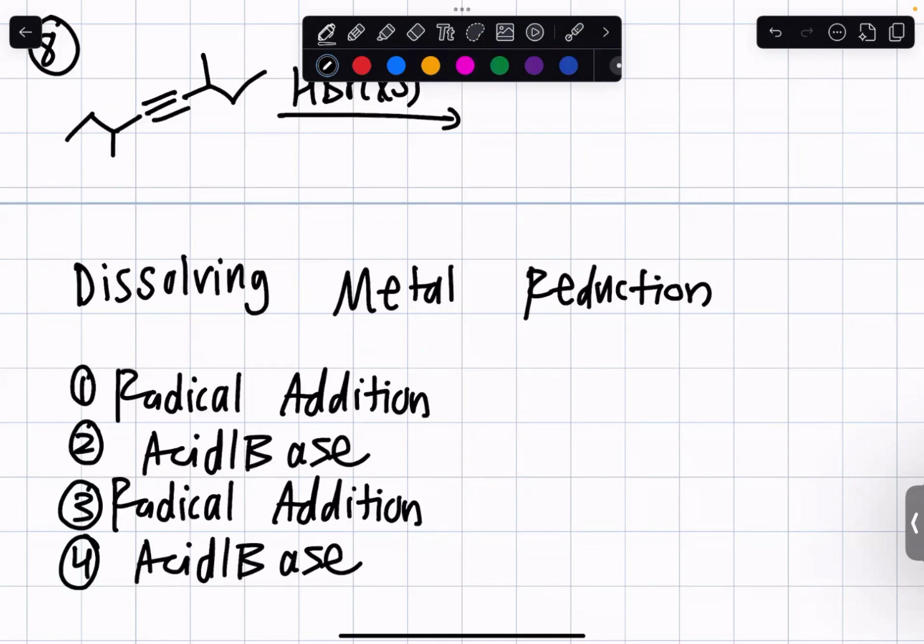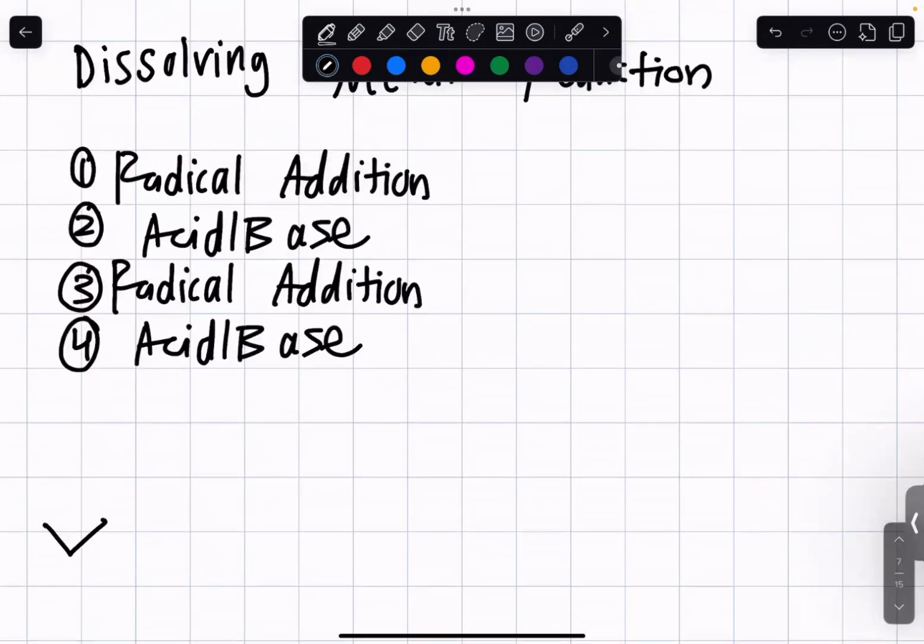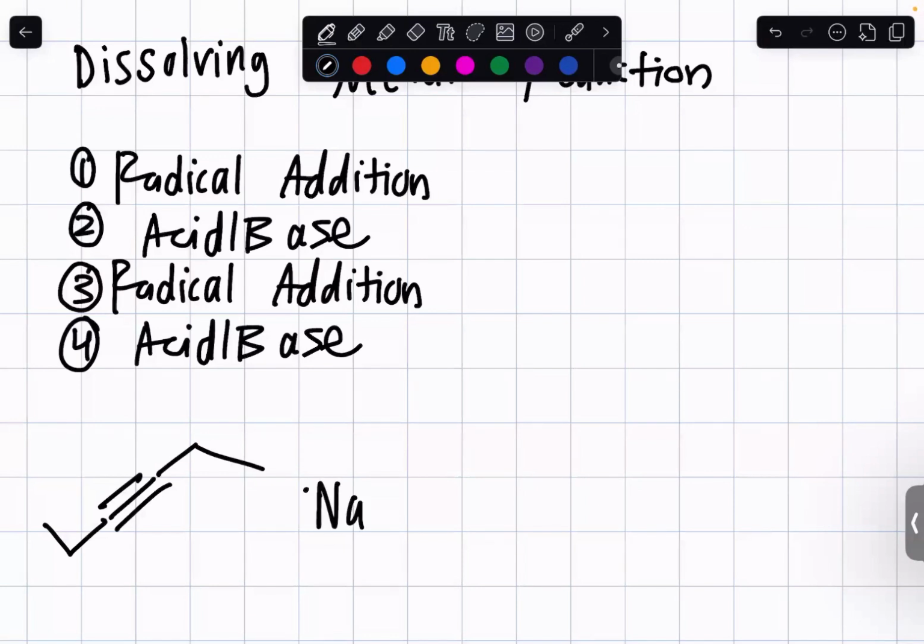Okay. So let's bring in a basic alkyne, a symmetrical internal alkyne, and have a sodium radical come out floating nearby.